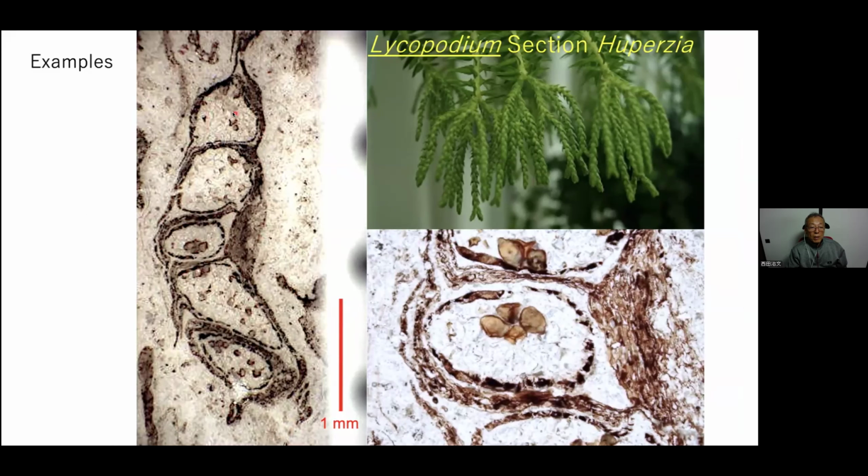So one example of the material from this concretion, I only show you only one example. This one is a series of sporangia, but each sporangium is covered with leaf segments. And I put this image upside down, actually, because this one is compared to the living group of Lycopodium, Huperzia, which grows pendant. So this is part of this fertile spike.